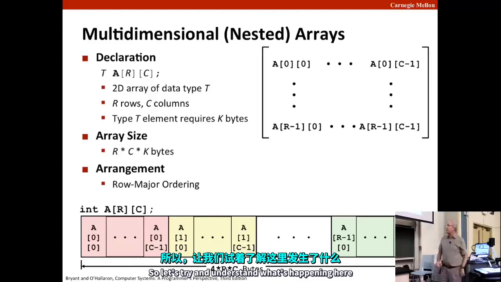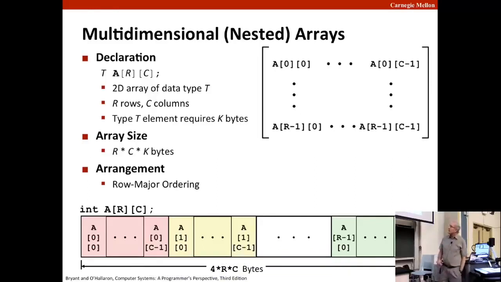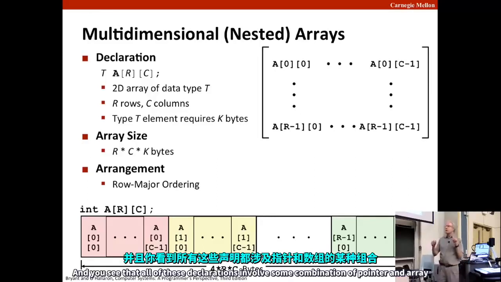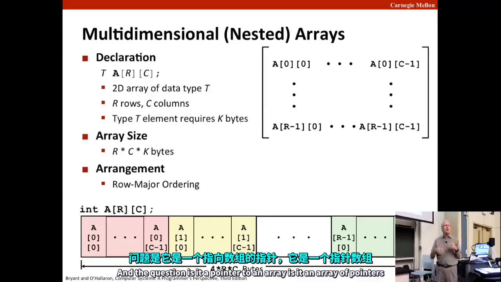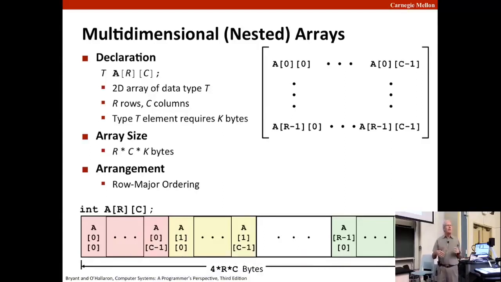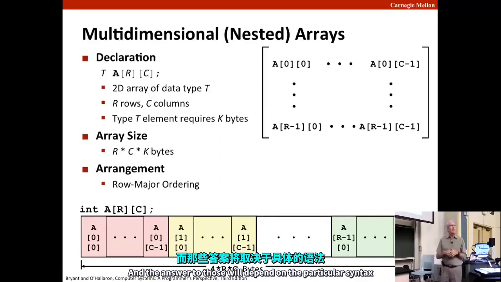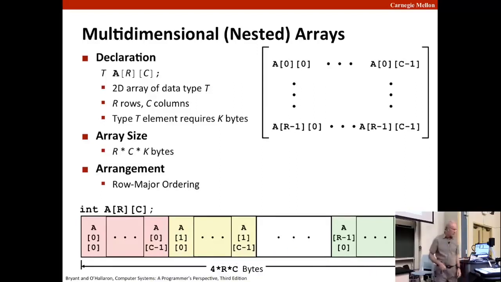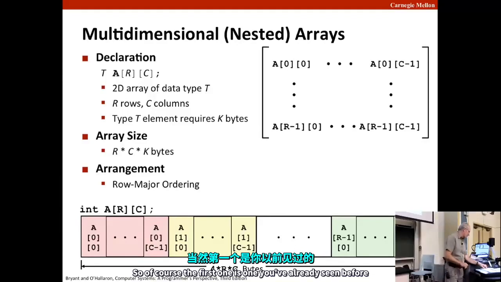So let's try and understand what's happening here. You see that all of these declarations involve some combination of pointer and array. And the question is, is it a pointer to an array? Is it an array of pointers? The answer to those will depend on the particular syntax. So of course, the first one is one you've already seen before.